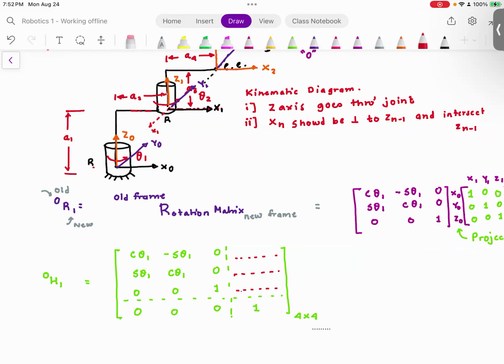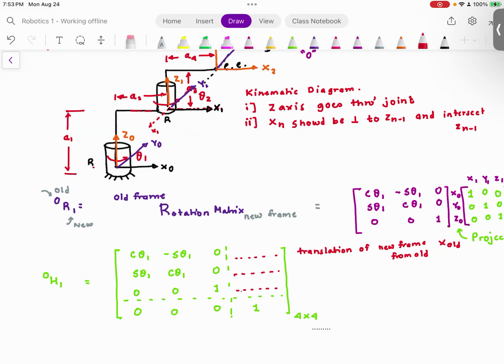Once again, I'll write this down and I will explain. So first row, fourth column tells you the translation of x2, translation of new frame from old frame in x old.